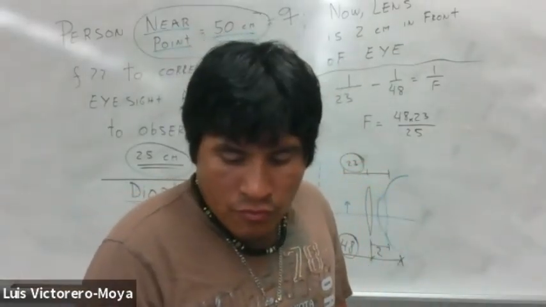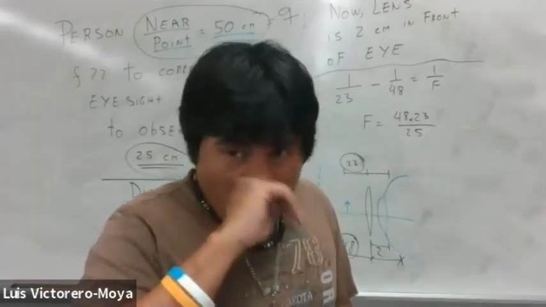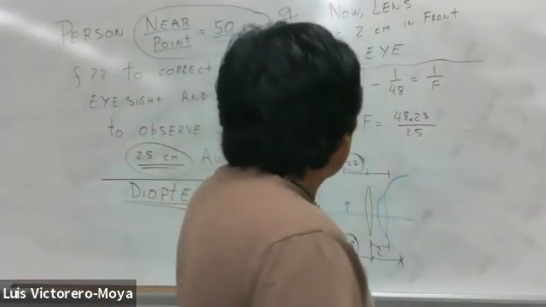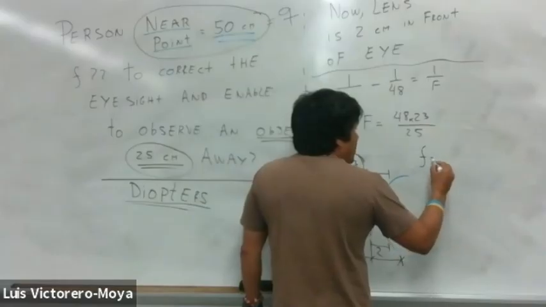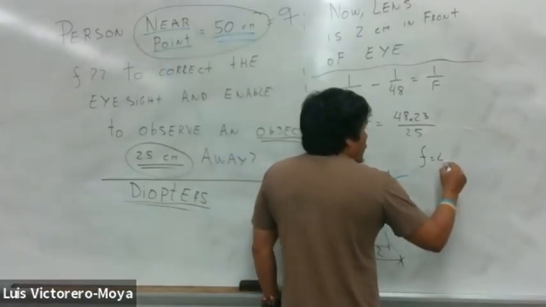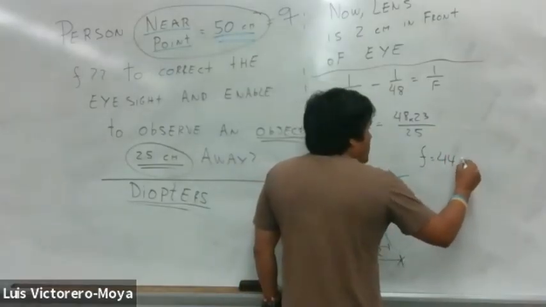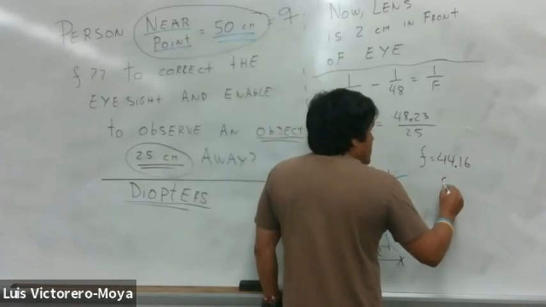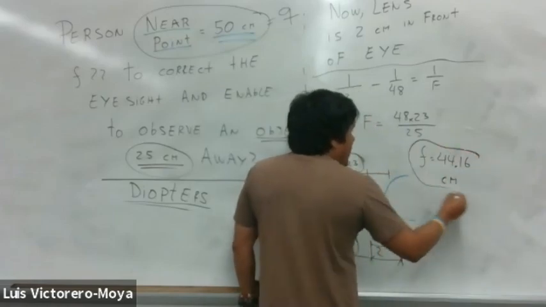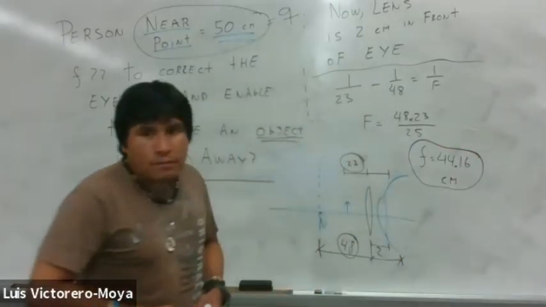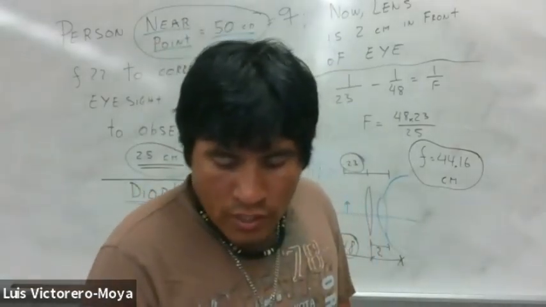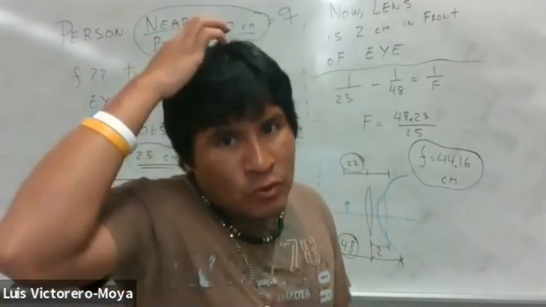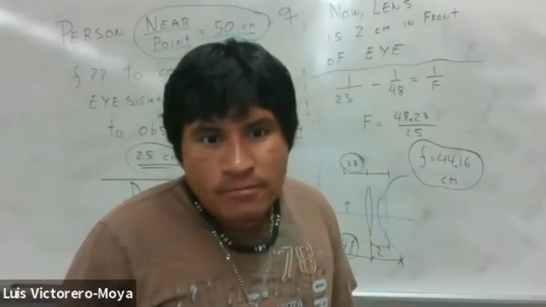So 48 times 23 divided by 25 is 44.16. So the focal length now is less than before, so the power will be greater. So 44.16 centimeters. This is the focal length in a more realistic case. And if I was to do the power of the lens, it would be 2.26 diopters.